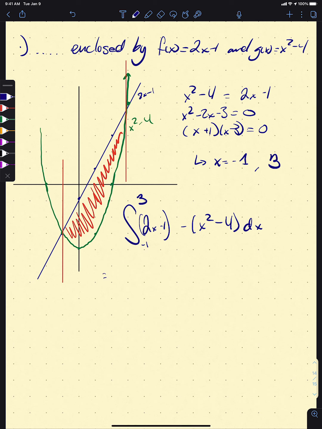And we saw that our antiderivative here is going to be -1/3 x cubed minus x squared plus 3x. But now our bounds of evaluation are different. We're going from -1 to 3. And so when we plug this in, we're going to get -1/3 times 3 cubed, which is -9.